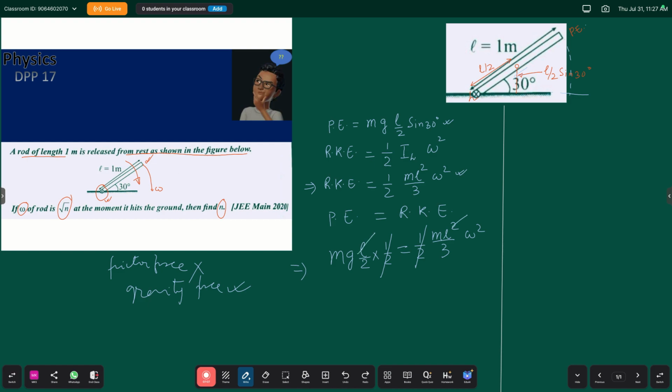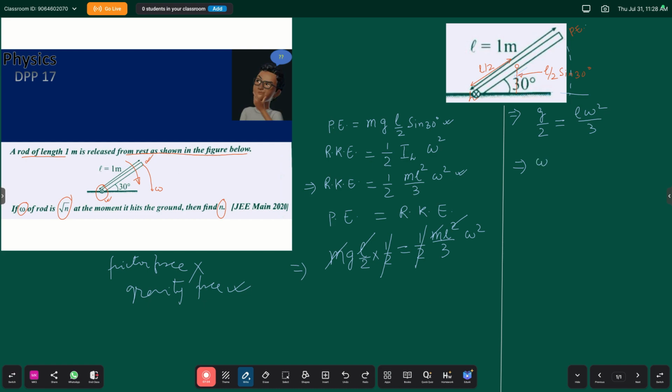So we get mg by m, and m is cancelled. So you get g by 2 on the left-hand side, that is LHS. Your RHS is L by 3 omega square, L omega square by 3.